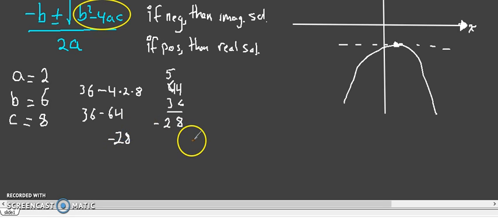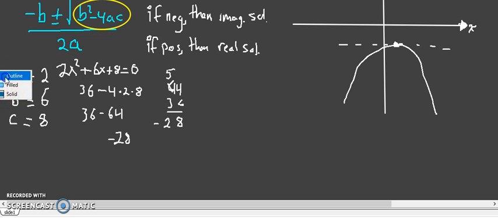So if we were interested in finding the solutions to this particular equation, which I can just write out real quick, 2x squared plus 6x plus 8 is equal to 0. That would be our original equation that we'd be solving for. So let me just set that apart up there.